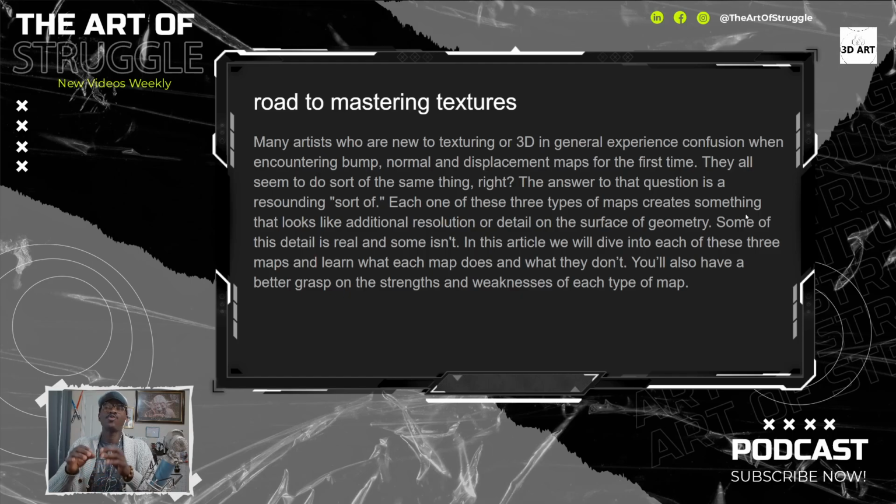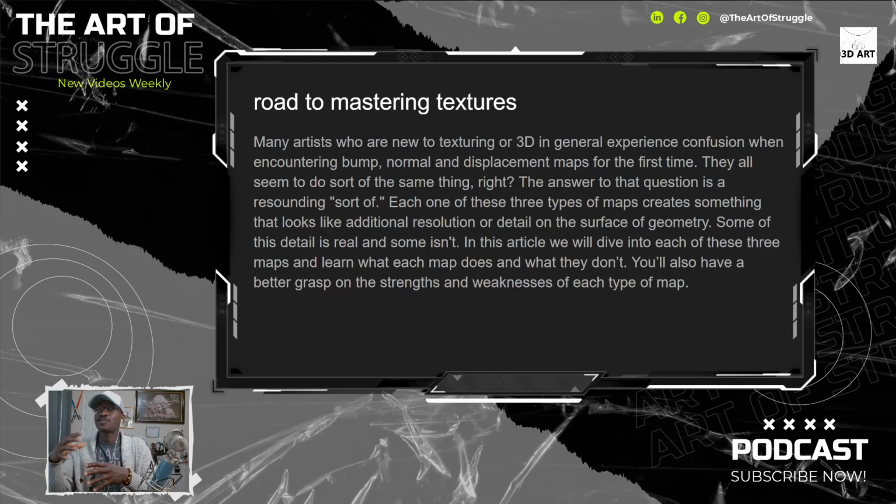So the road to mastering textures. Many artists who are new to texturing or 3D in general experience confusion when encountering bump, normal, and displacement maps for the first time. They all seem to do sort of the same thing, right? The answer to that question is a resounding sort of. They all sort of do the same thing.